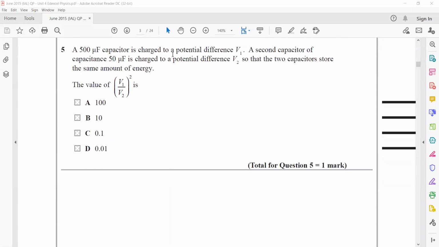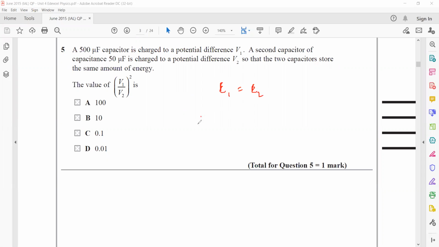For question 5, a 500 microfarad capacitor is charged to a potential V1. A second capacitor of 50 microfarad is charged to a potential V2, so that the two capacitors store the same amount of energy. So the energy stored in capacitor 1 is the same as the energy stored in capacitor 2.